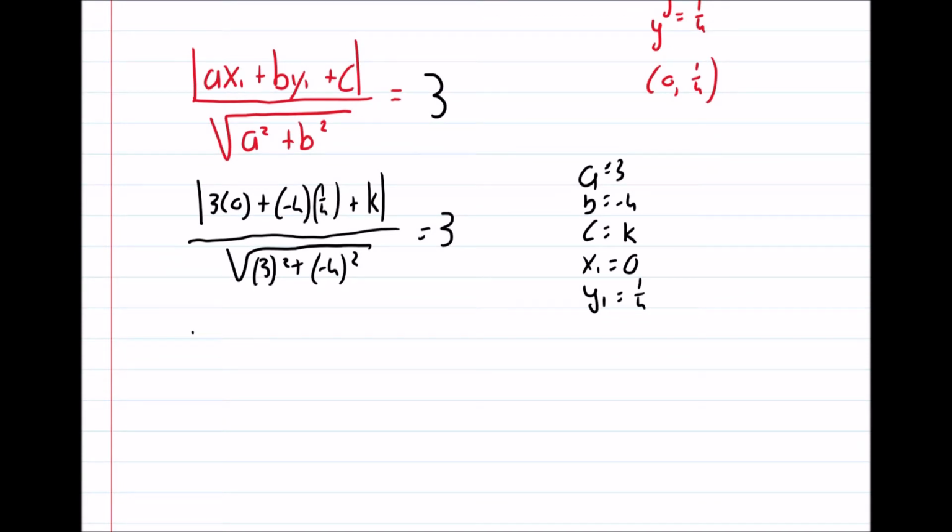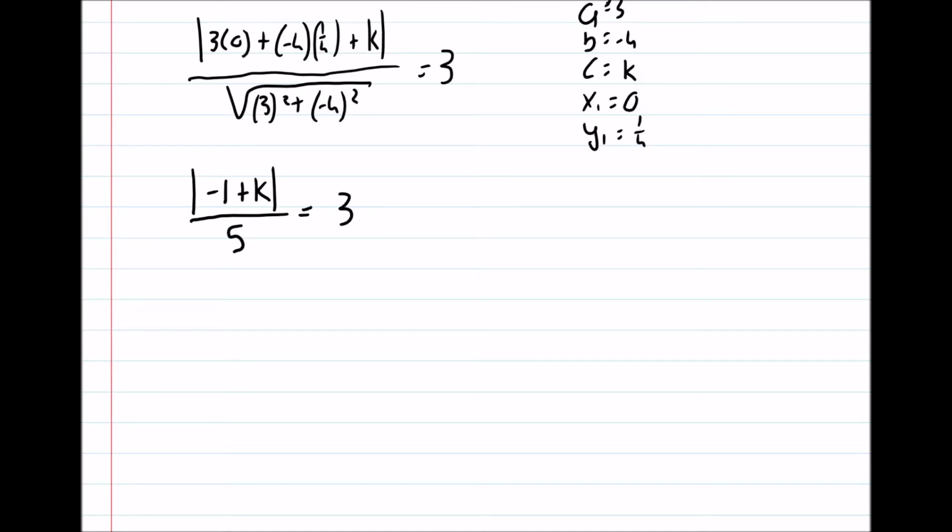I simplify it out. 3 zeros are 0. Minus 4 multiplied by a quarter is minus 1 plus k. That's all over 3 squared is 9 plus 4 squared is 16, so that's 25. So the square root of 25 is 5. And that equals 3.